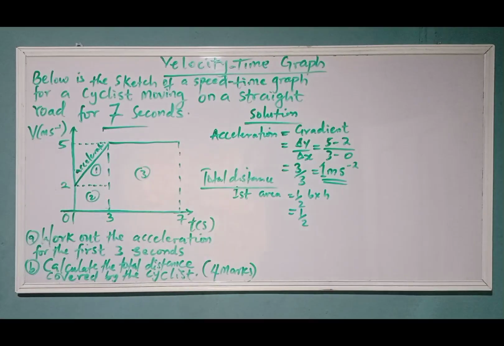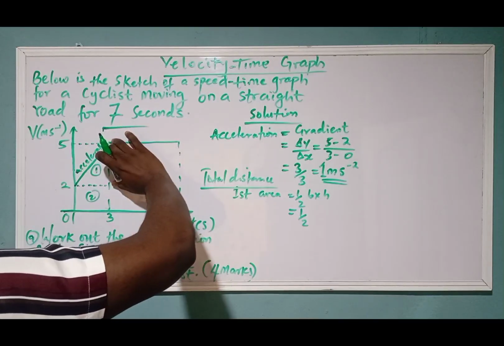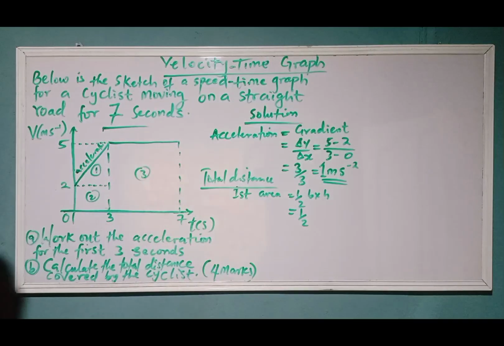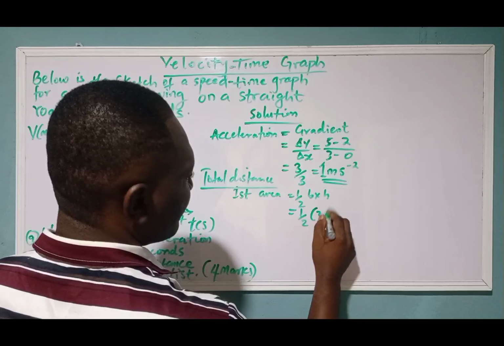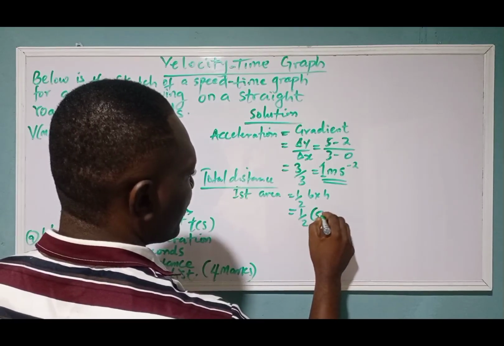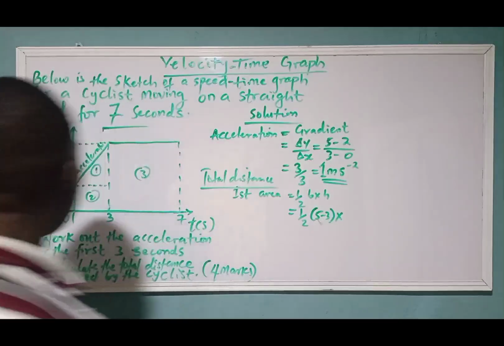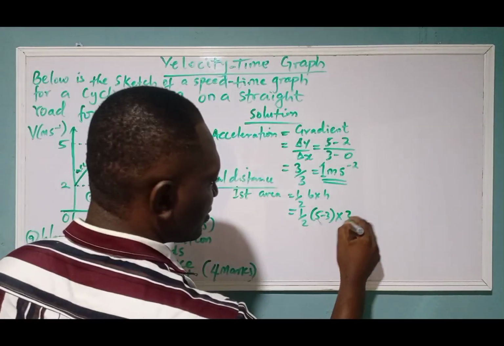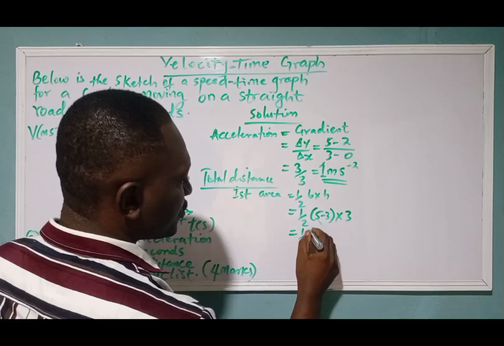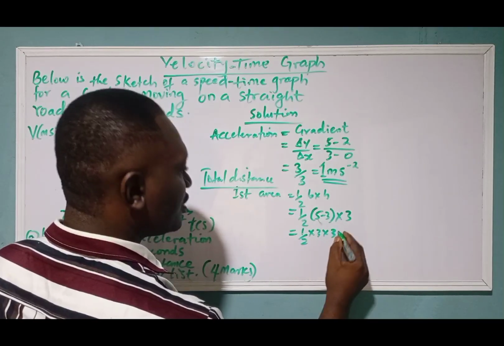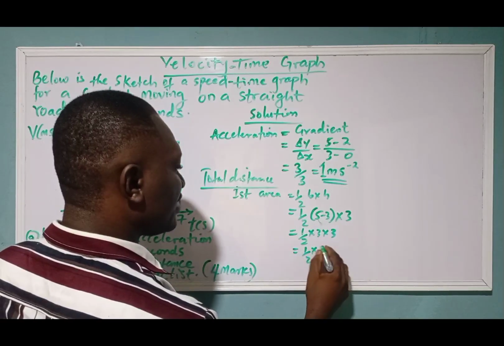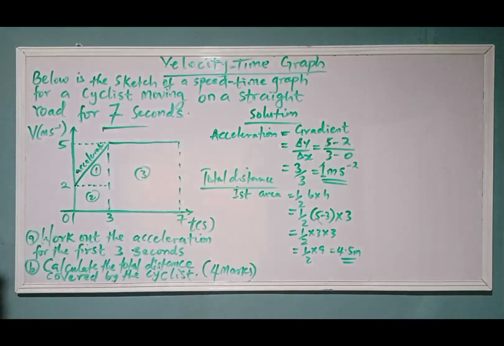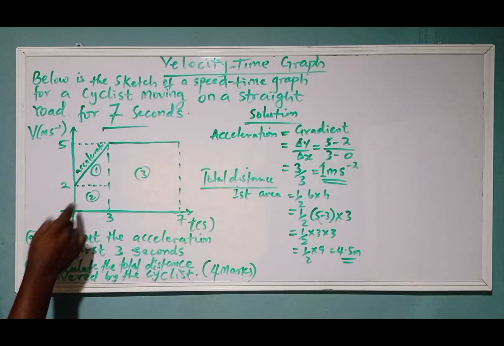Our base is this portion, which is 5 minus 2, that gives you 3. Let me write it in full so that you know how we got our value. Then times our height from this portion to this portion, which is 3. So we have 1 over 2 times 3 times 3, which is 1 over 2 times 9, which is 4.5 meters.